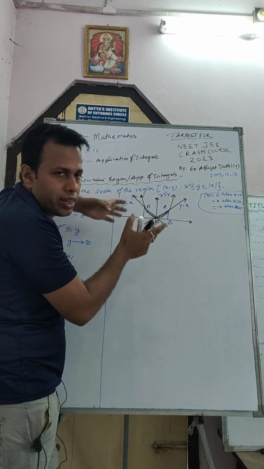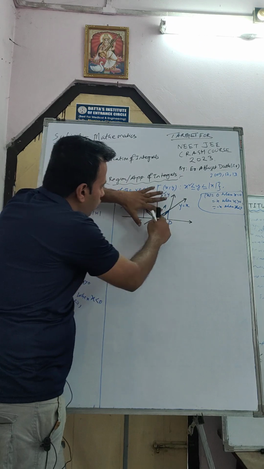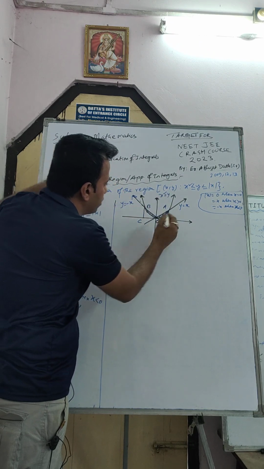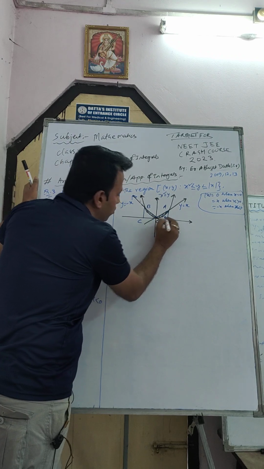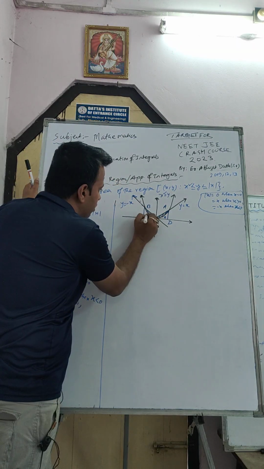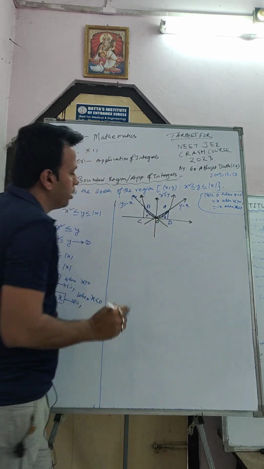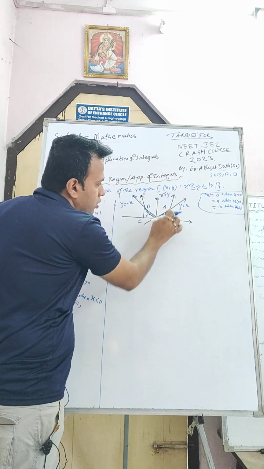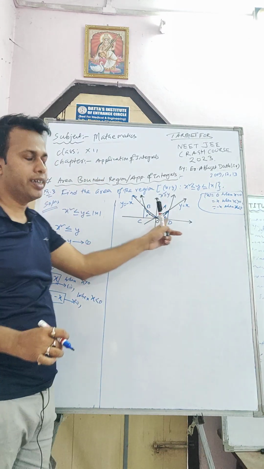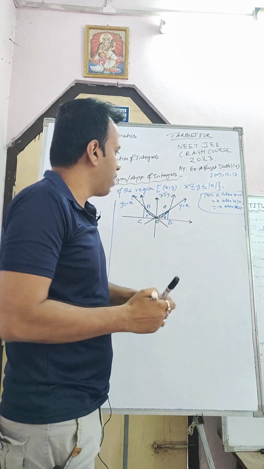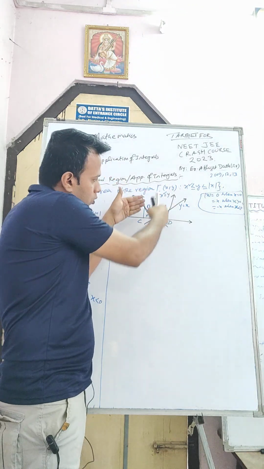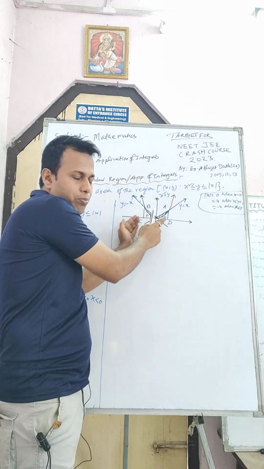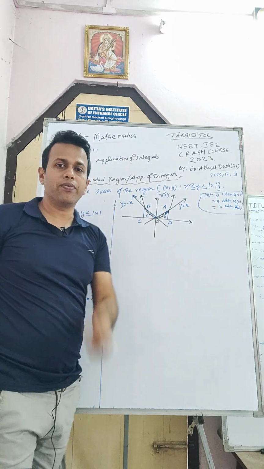Instead of finding differently, if I find the whole area OADO, and suppose this part is E and this part is F, then if I subtract the lower part from the whole area, we will get the shaded area.